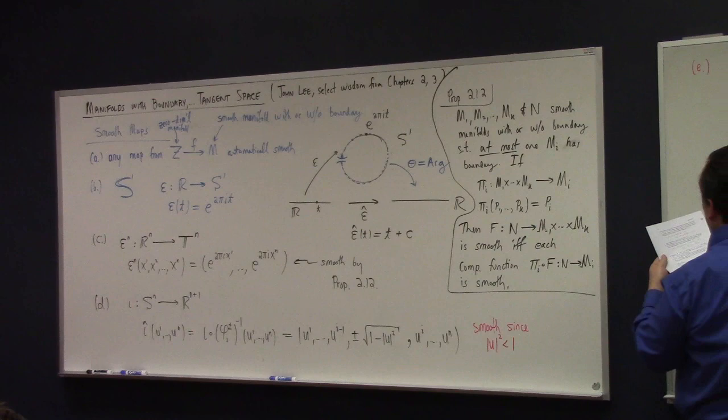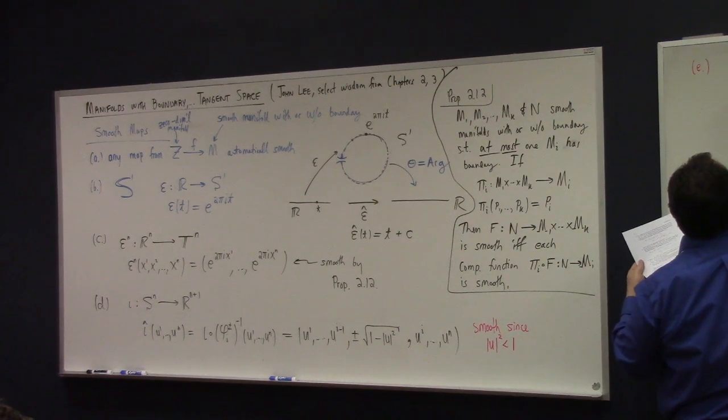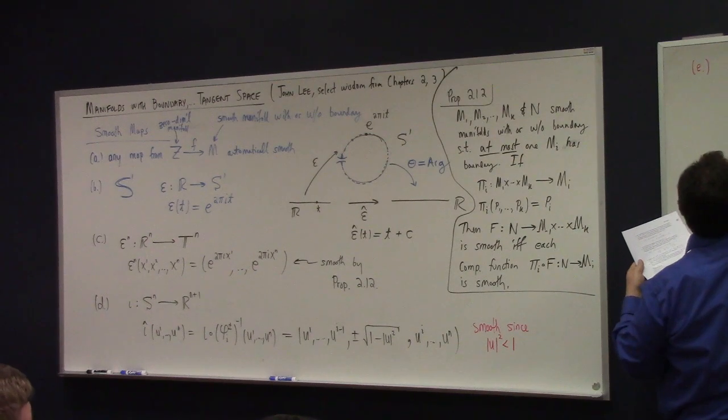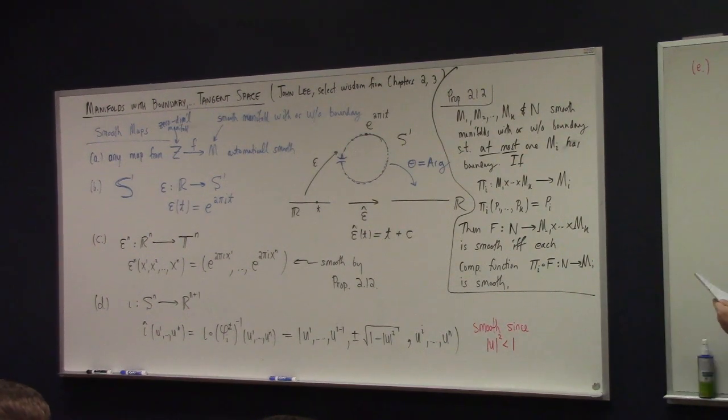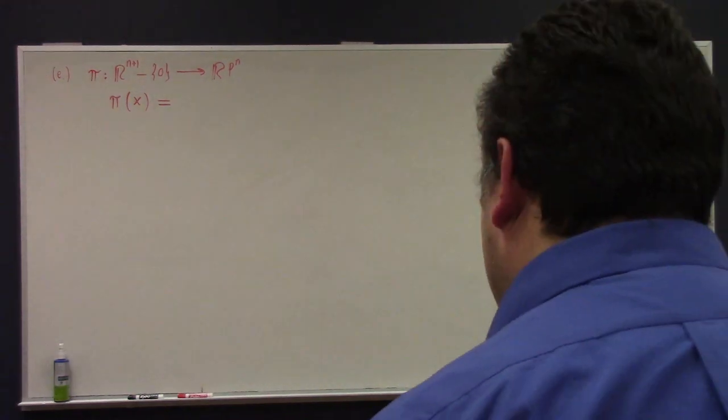What's the notation for that usually? You guys remember? Pi of x equals to what? What's the nice notation for this? Allowed to cheat?